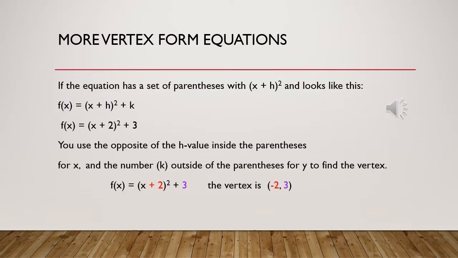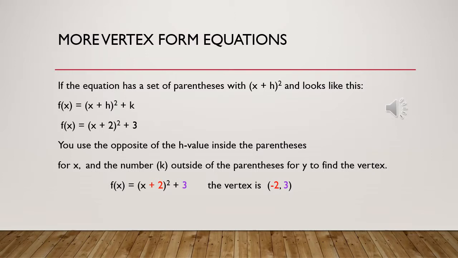Vertex form equations can become a bit more complicated looking. If the equation has a set of parentheses with x plus or minus a number, and that quantity is squared, it can look like these. F of x equals the sum of x plus h squared plus k.